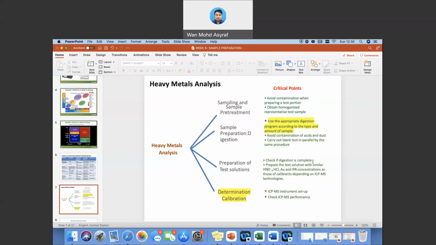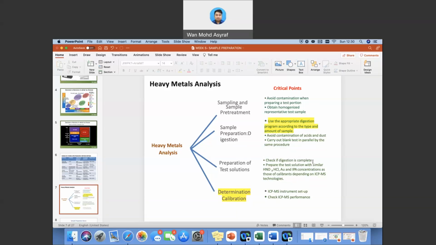Then you need to prepare the test solution with a similar concentration to that of the calibrants, depending on the ICP-MS or the spectroscopic method you have chosen. So basically you need to prepare your sample according to the spectroscopic method you have chosen.